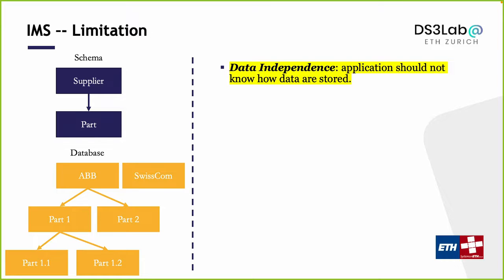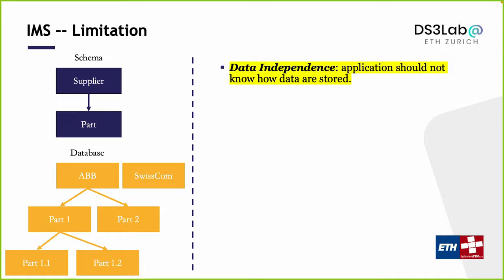Why? Because in your query language, when you are writing the query, you are using the information of how the data are stored or organized. You know which type is the parent and which type is the child. And when you specify how to move your cursor around the tree, you are using the information of how the data are organized. So it's very hard to enable data independence when you take a hierarchical view of your data.